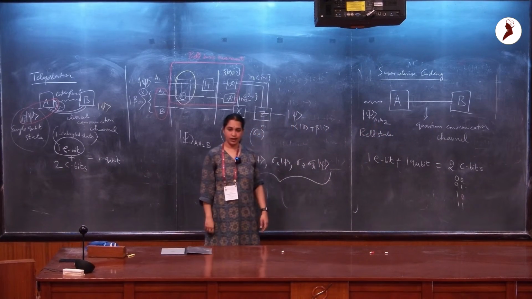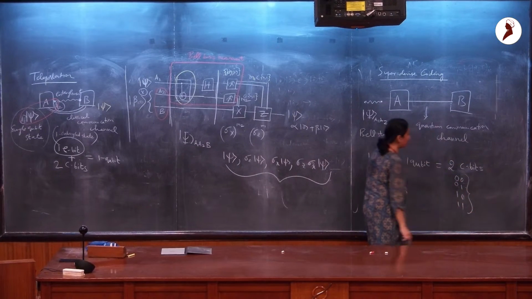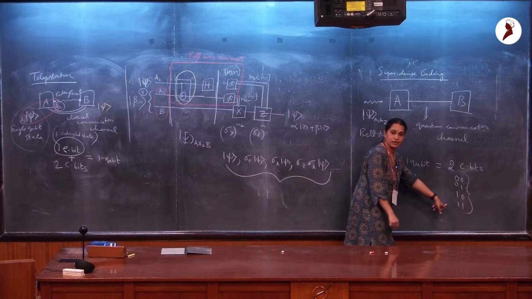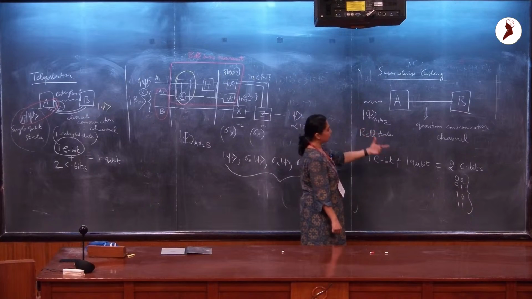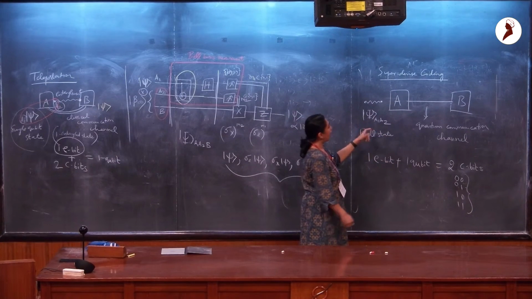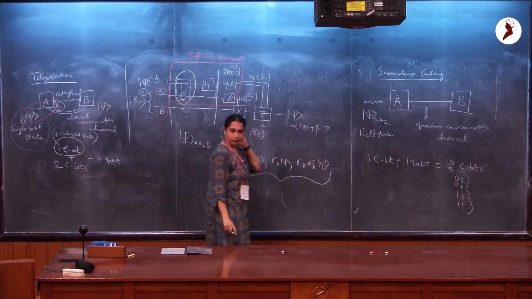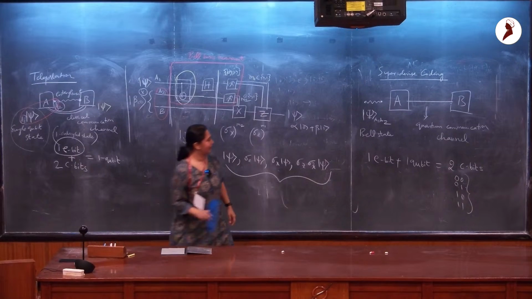So now the question is, how is A going to encode these two classical bits into her entangled state? She's going to find a way to do that and then send across the entangled state to B.